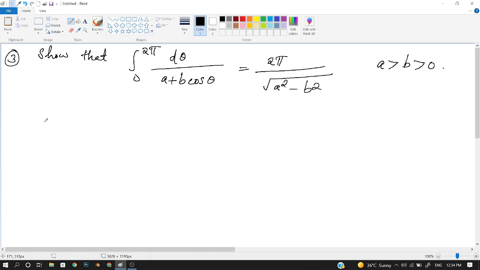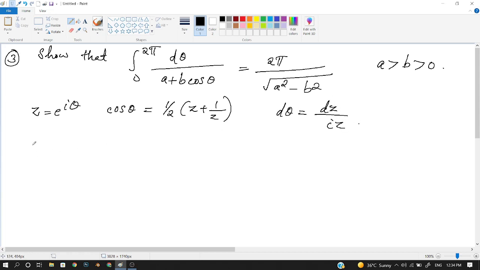Here we can use the following substitutions. z equals e raised to i theta, cos theta equals half of z plus 1 by z, d theta equals dz divided by iz.